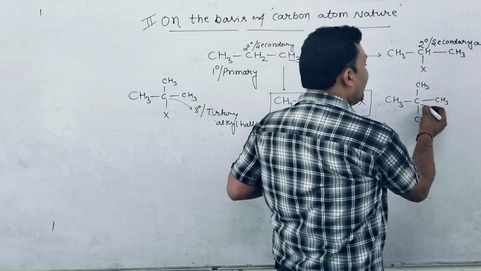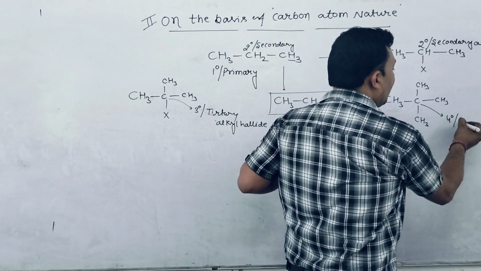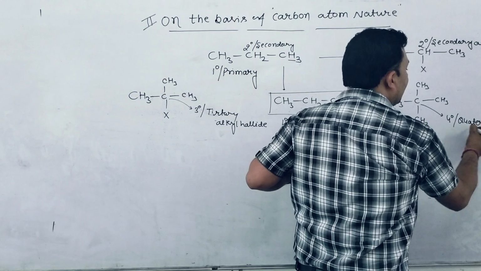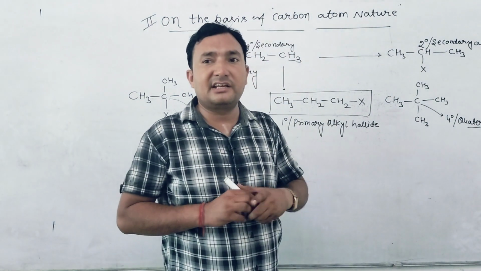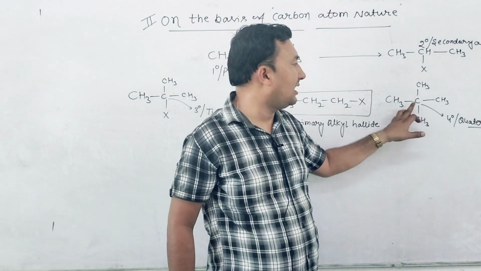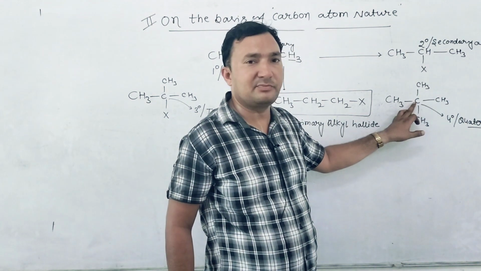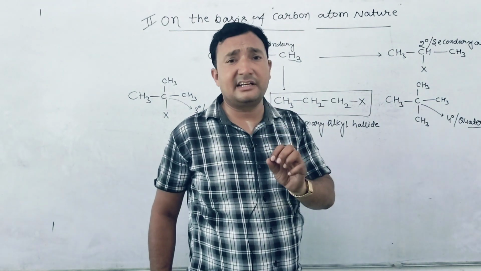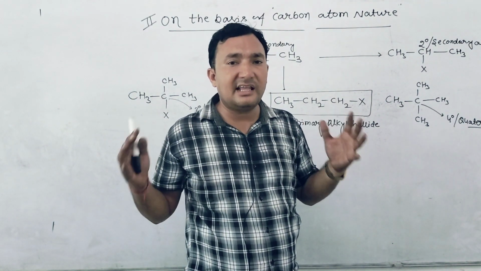So this carbon will be 4 degree carbon, or you will call that quaternary carbon. So now what is to understand? Quaternary carbon will be that carbon which is having four different carbon atoms directly attached to this middle carbon.